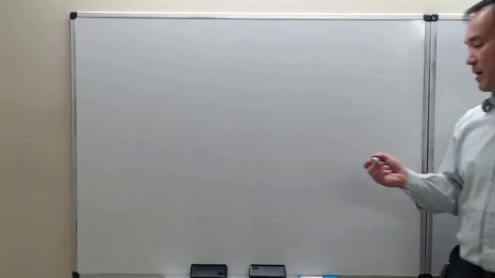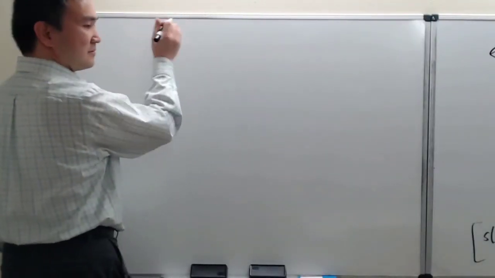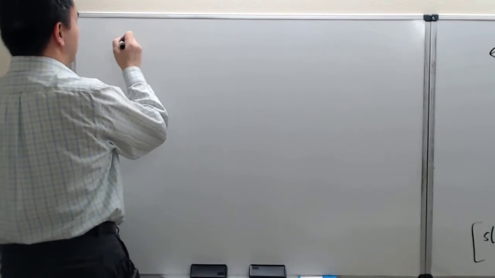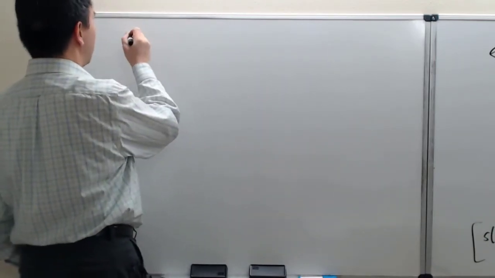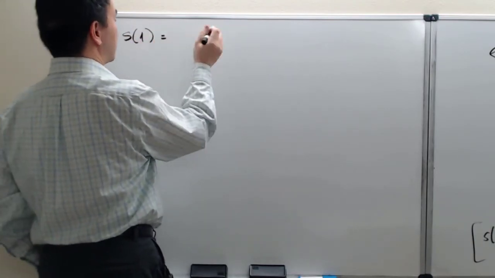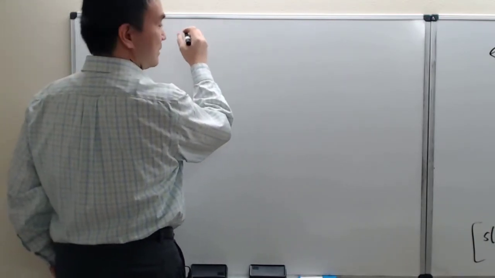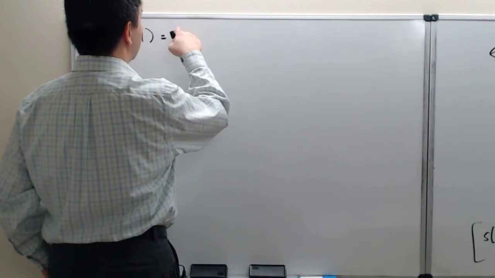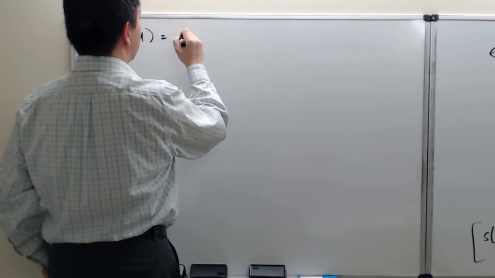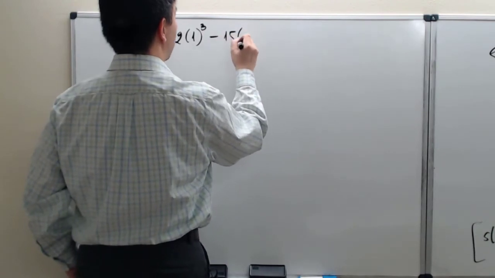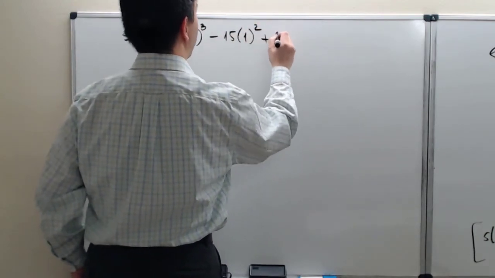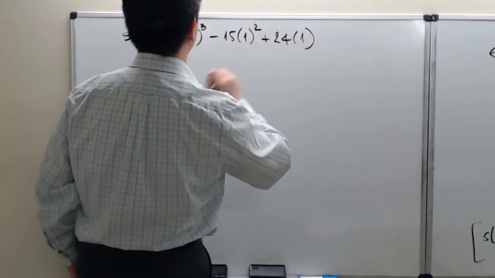All right, so in my next board, time at 0 and time at 1. So S of 1 equals 2 times 1 cubed minus 15 times 1 squared plus 24 times 1.